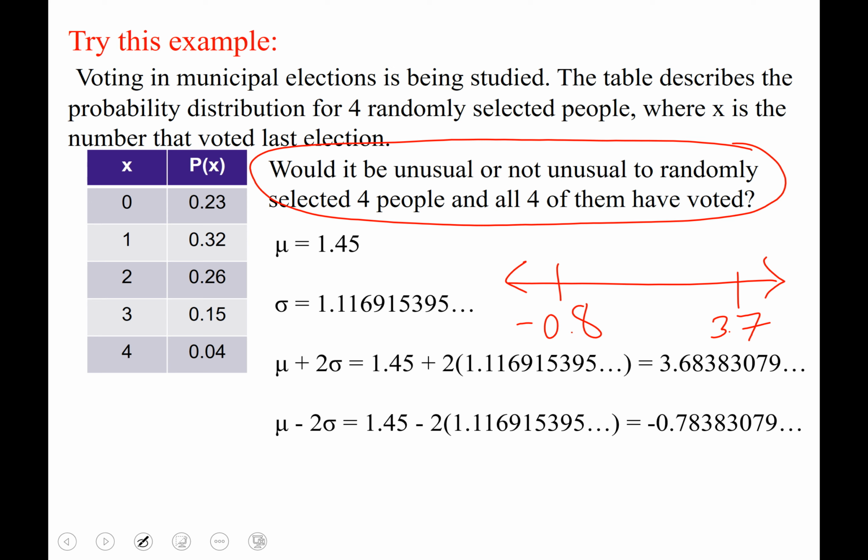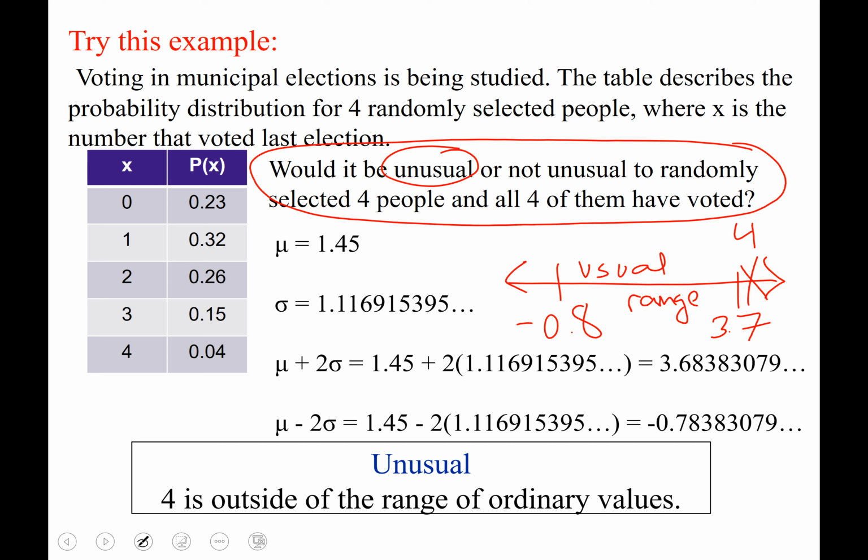Well, 4 is outside of our usual range. This is our usual range in the middle here, and 4 is out here. So it would be unusual. So would it be unusual or not unusual? It would be unusual. 4 is outside of the range of ordinary values, making it unusual.